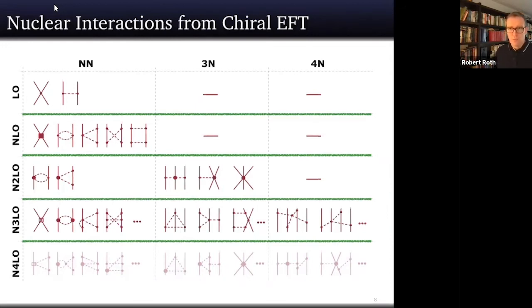And that's super important information because there are truncations, there are uncertainties, and you would like to estimate how big these uncertainties are before claiming that you agree with experiment or you disagree with experiment. This is something which was never done in these first 2 generations of forces, and we are only starting to do that now.